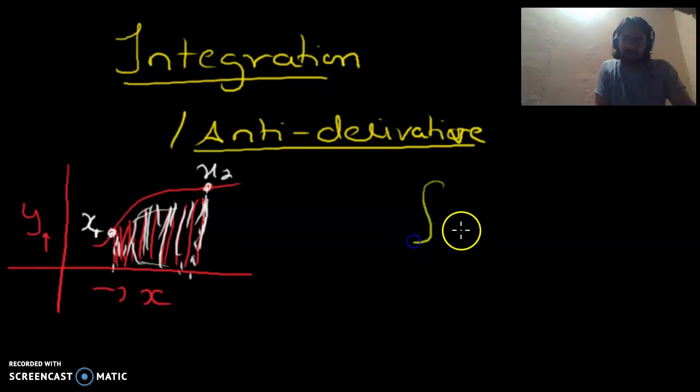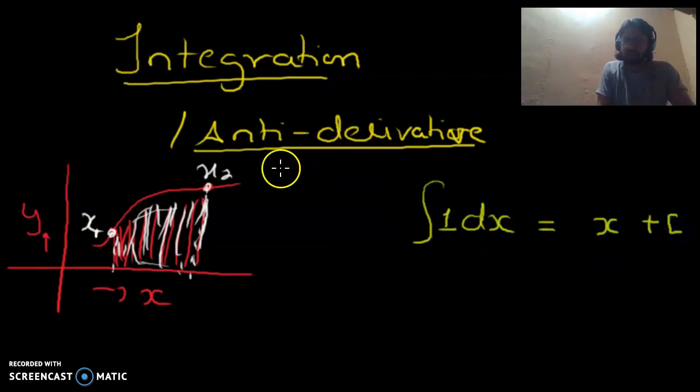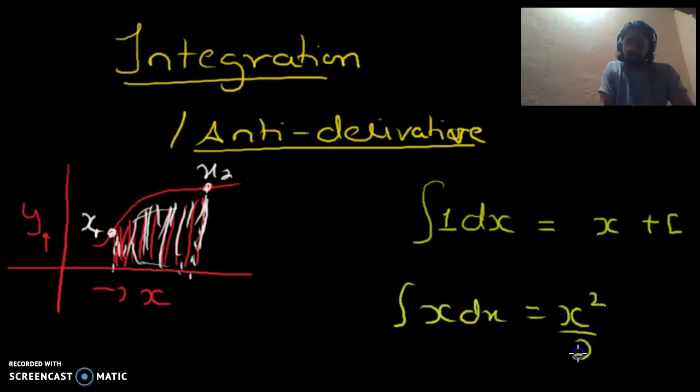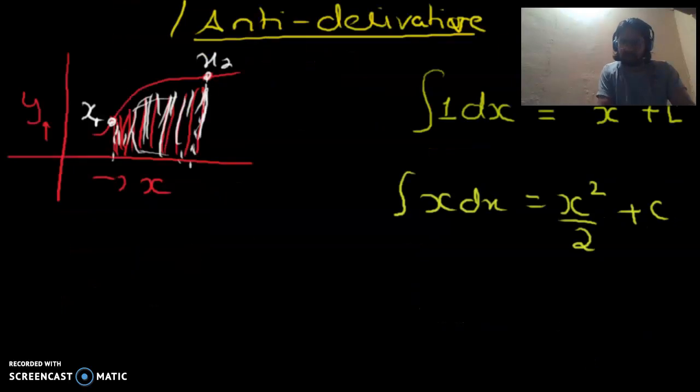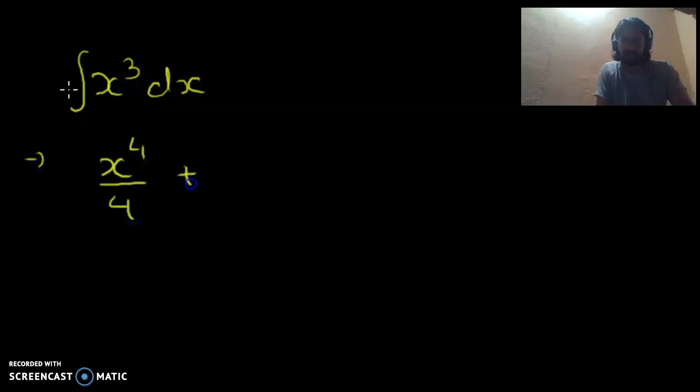For integration, I need an integrand, that is dx over here. The integration of 1 is x, and we also use a constant over here. If I say integration of x, it is x squared by 2. Another example: integration of x cube is x to the power 4 divided by 4 plus c.